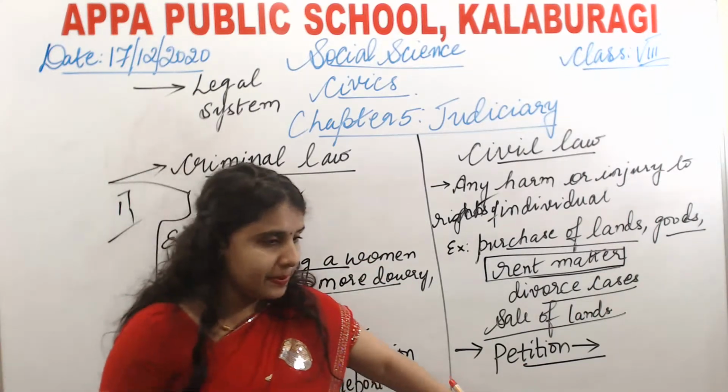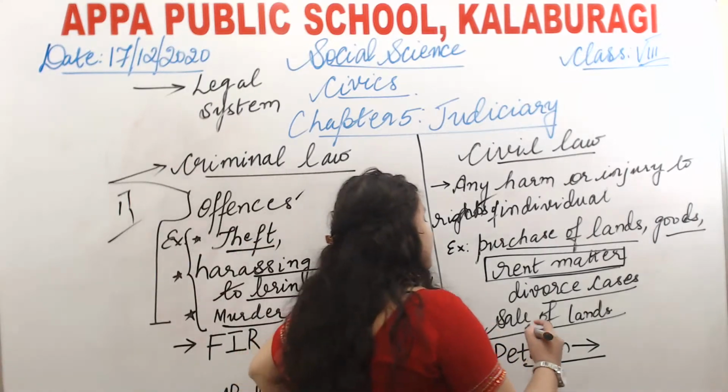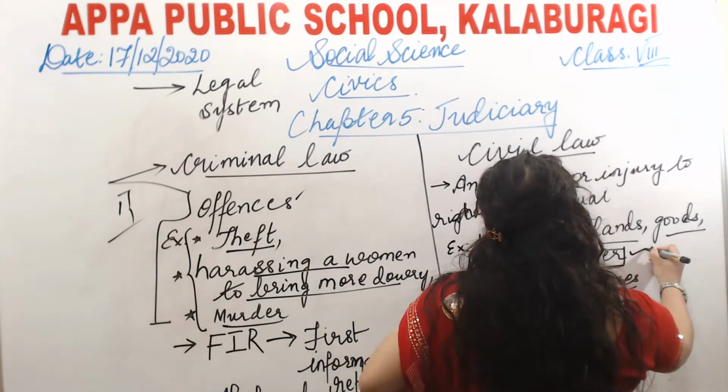In civil matters, the court gives the specific relief asked for. For instance, in a case between a landlord and a tenant, the court can order the flat to be vacated and pending rent to be paid. We discussed the rent matter.